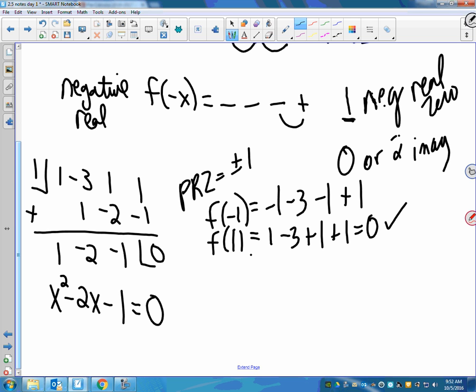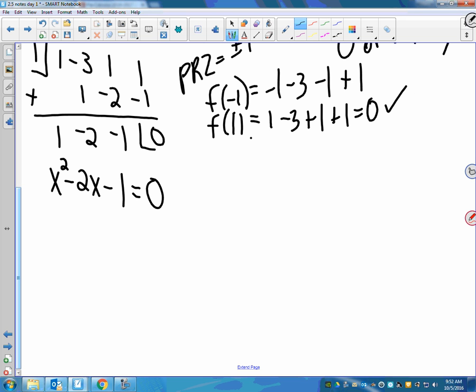I really like completing the square. You guys don't, but I'm going to do it anyway. So if I'm solving this by completing the square, I'm not putting in vertex form, so that means I can move that 1 to the other side, right? And this is why I like completing the square when there's an even number and there's nothing in front. I get to my answer a lot quicker than when I do the quadratic formula.